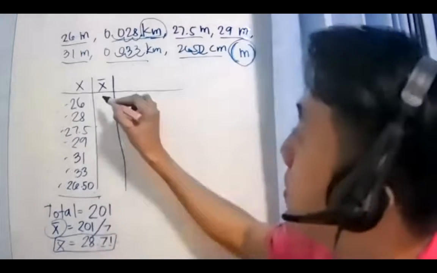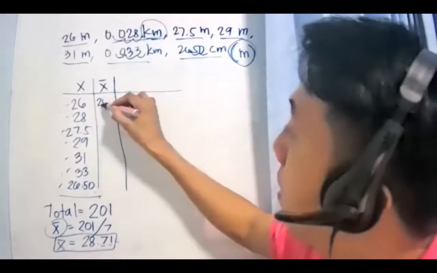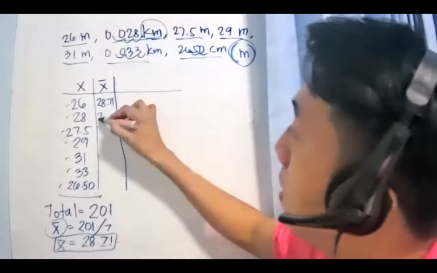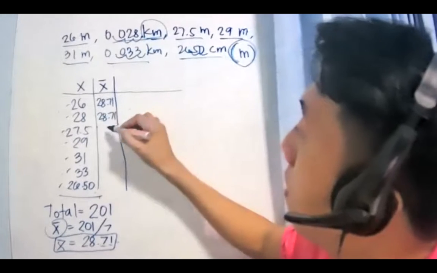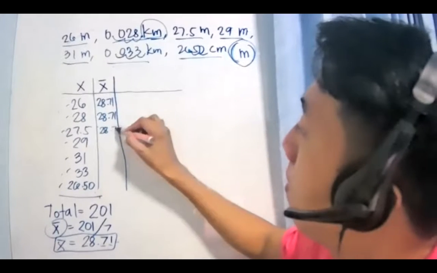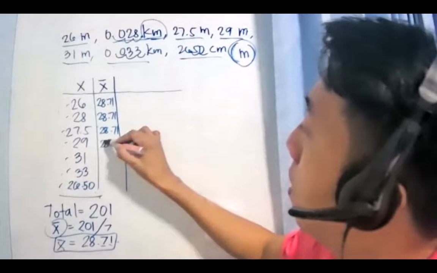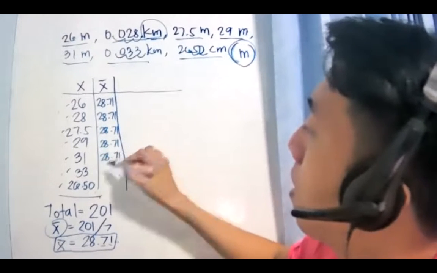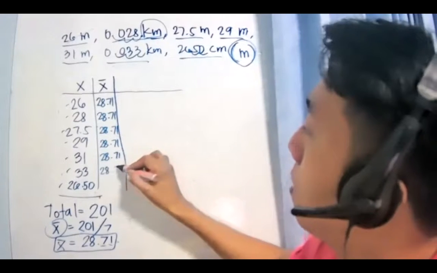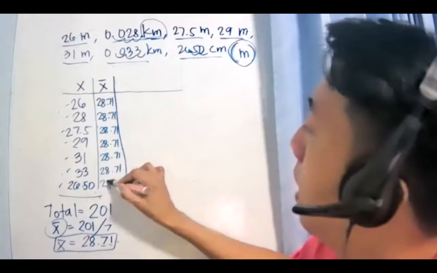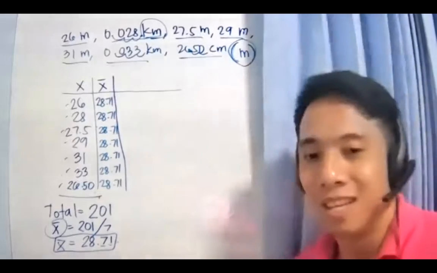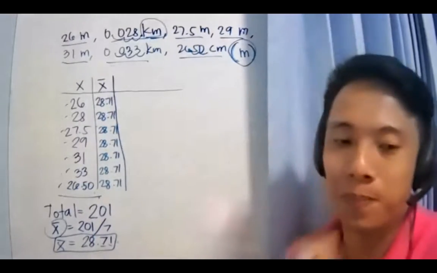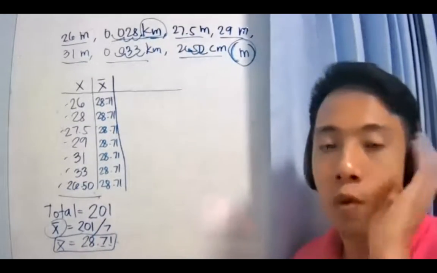Okay? So I'll just put it here, 28.71, 28.71, and so on for each number. That's the third step. Okay, next, fourth step.